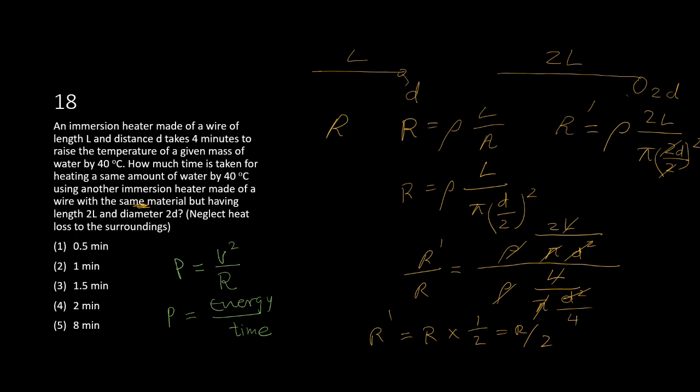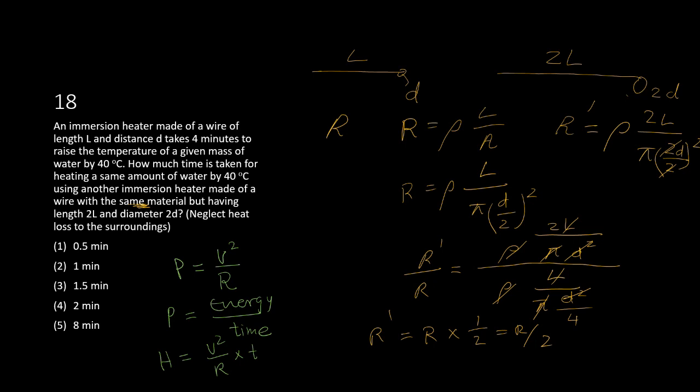So the amount of heat energy generated from this, H is equal to power times time, which is V squared over R into T.